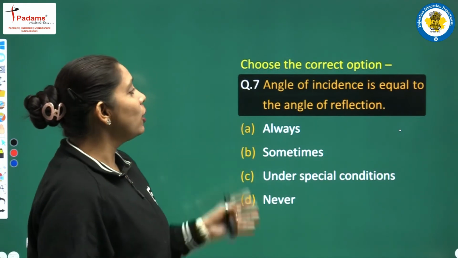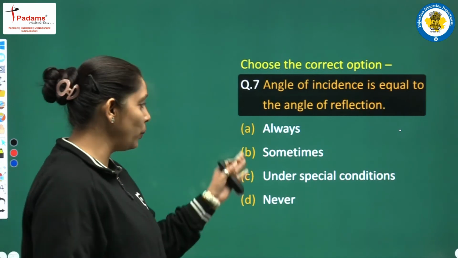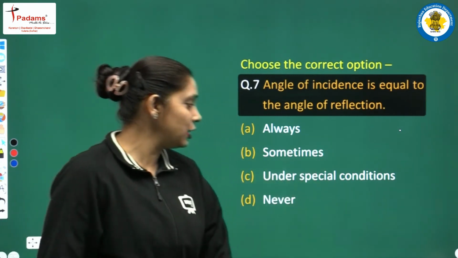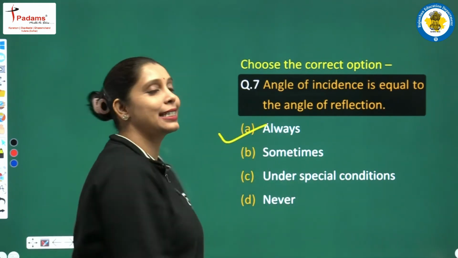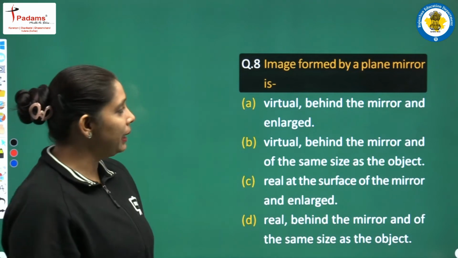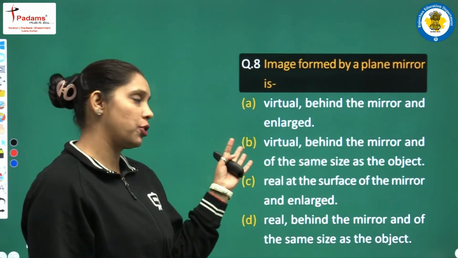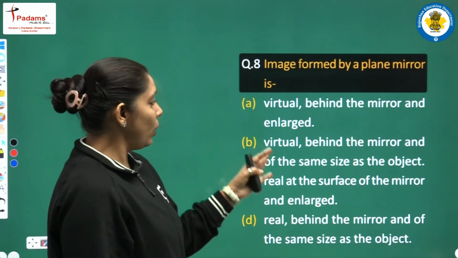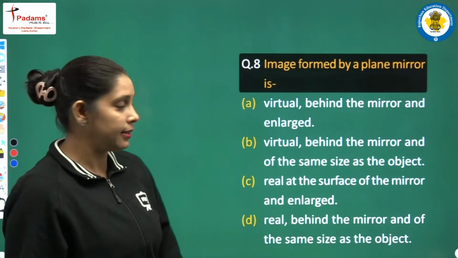Angle of incidence is equal to the angle of reflection. Is it always? Sometimes? Under special conditions? Never? It is always. So option A is correct. Next question. Image formed by a plane mirror is virtual, behind the mirror and enlarged? Not enlarged. Virtual, behind the mirror and of the same size as the object? Yes.